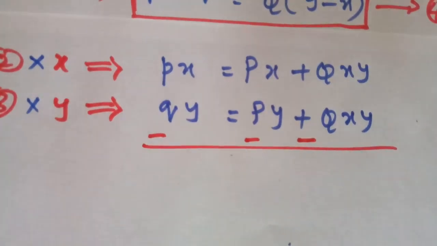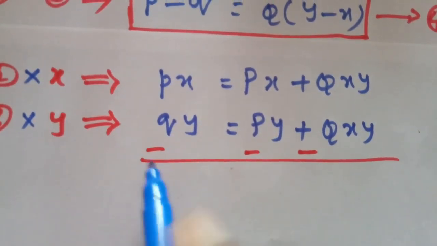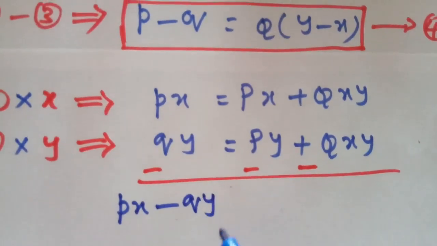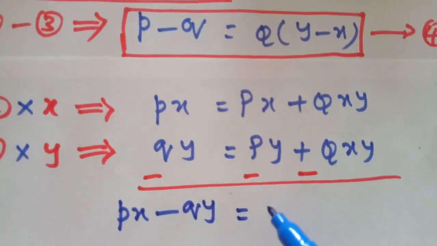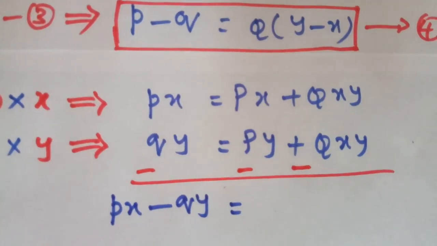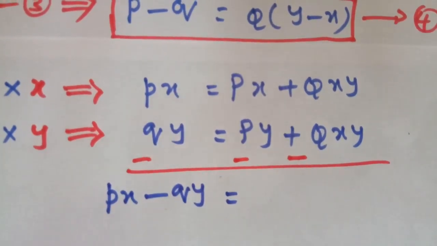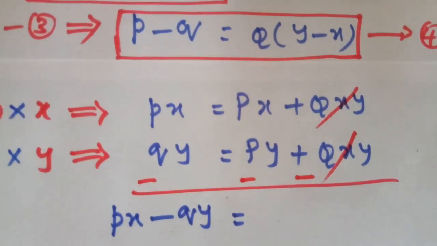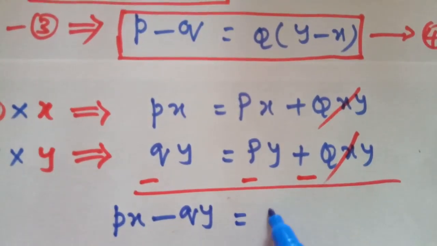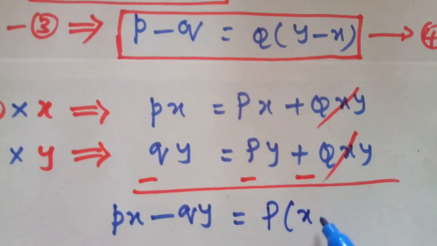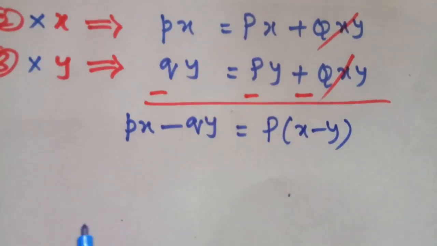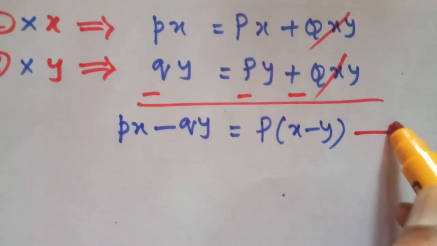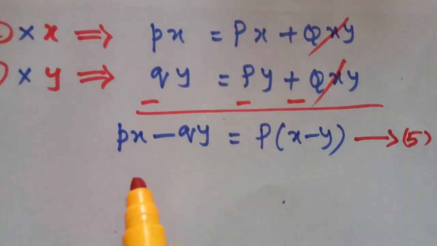Therefore, this becomes px minus qy is equal to, therefore qxy gets cancelled. Therefore, this becomes capital P into x minus y. Say this is equation number 5.